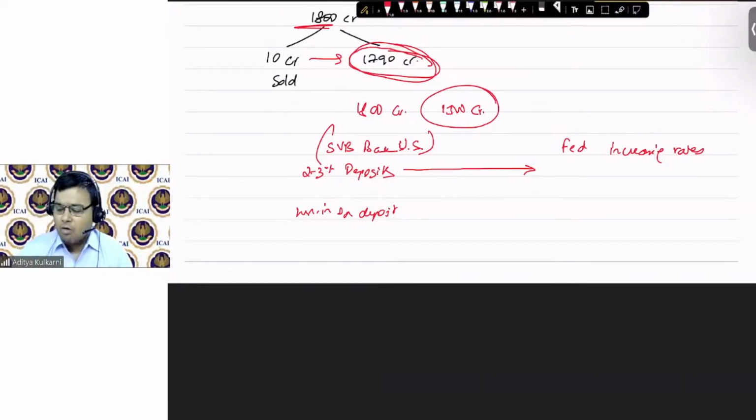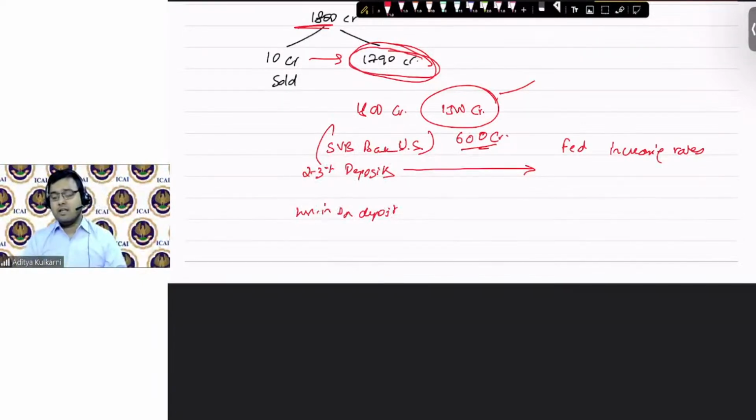Now out of 1800, the bank is constrained to sell 1500 crores. That means is it selling a majority chunk? Definitely. Not only more than 900. You can say that 600 crores the bank decided to sell. Is 600 significant? Definitely it is significant.